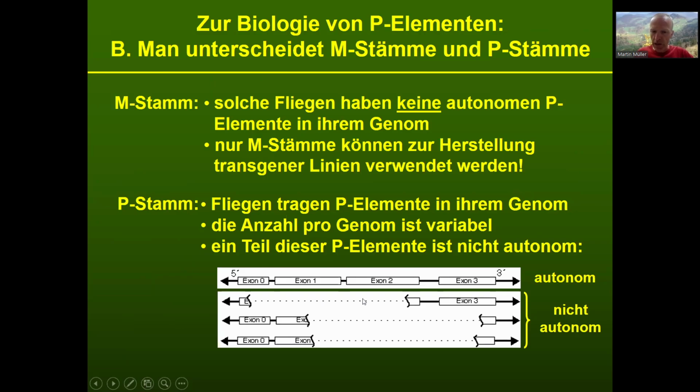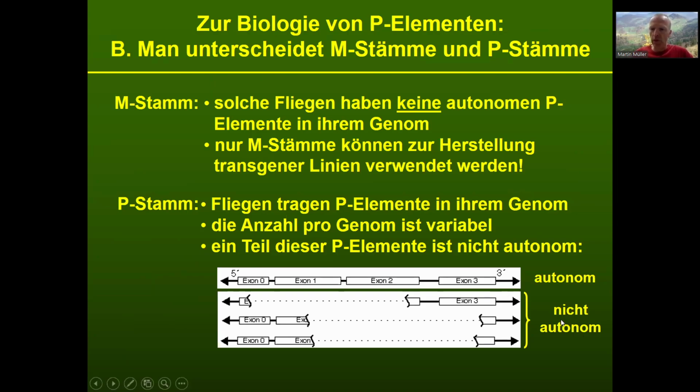They have internal deletions which destroy the transposase. One could also imagine that there are P elements which have deletions in the terminal region that would prevent them from jumping around, but they would still produce transposase. That's also a possibility. But anyway, they found there are autonomous and non-autonomous P elements.